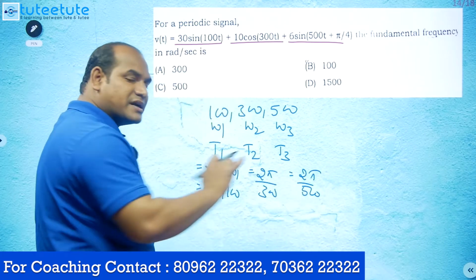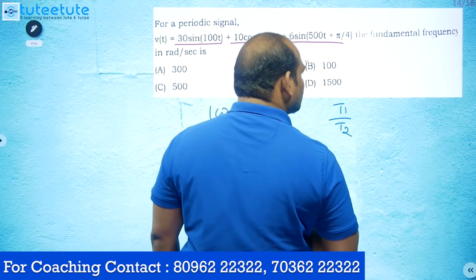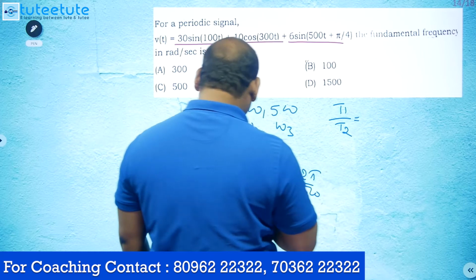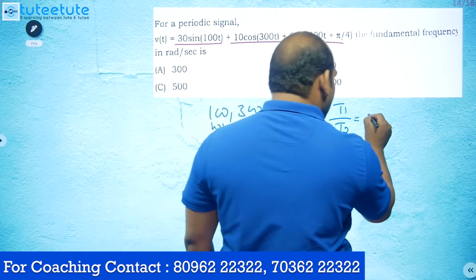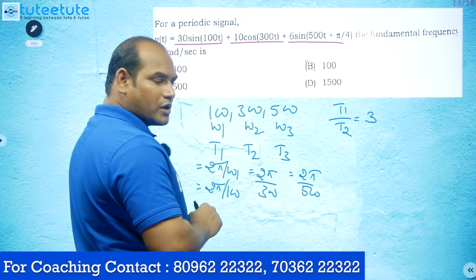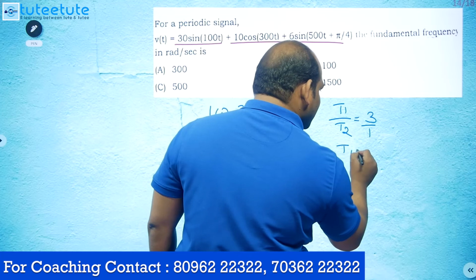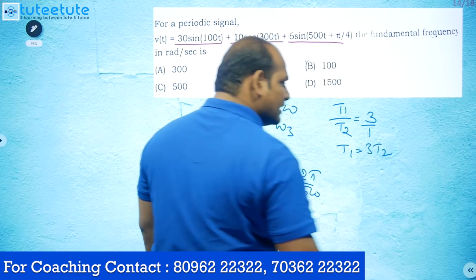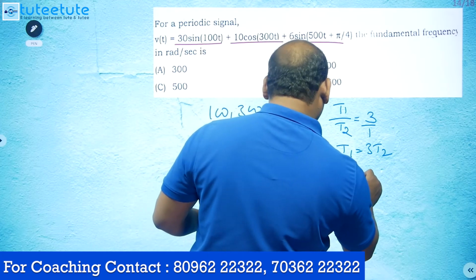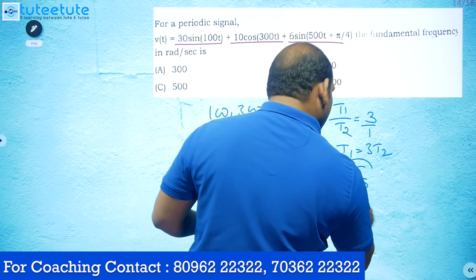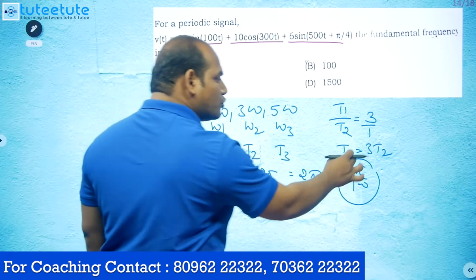These are the 3 time periods. Now what we need to do is t1 by t2. Then what you will get here is 2 pi by 100 over 2 pi by 300, that means 300 by 100, that is 3. Okay, then if you cross multiply this one, t1 is equal to 3t2. So t1 is nothing but 2 pi by 100, this is the overall time period, or 3 times t2, then also you will get 2 pi by 100 only.